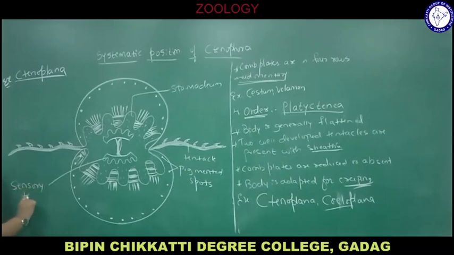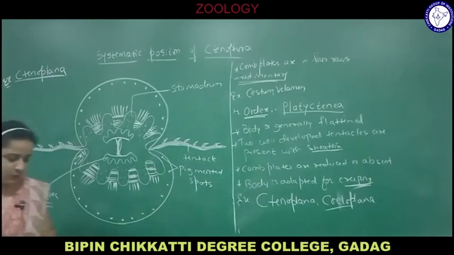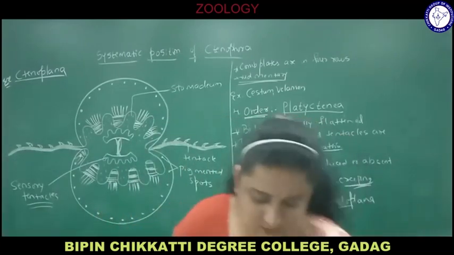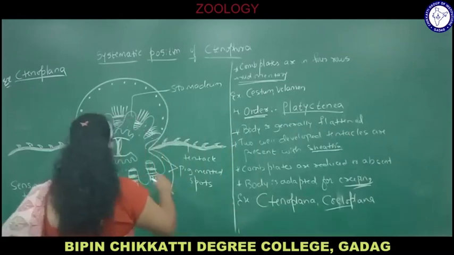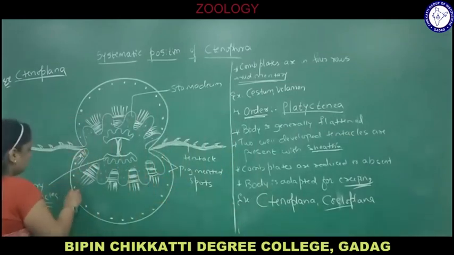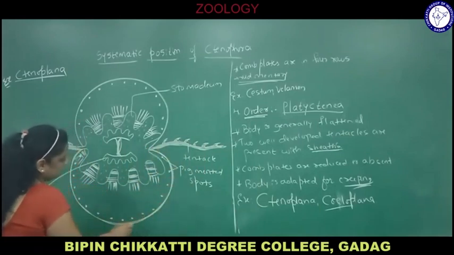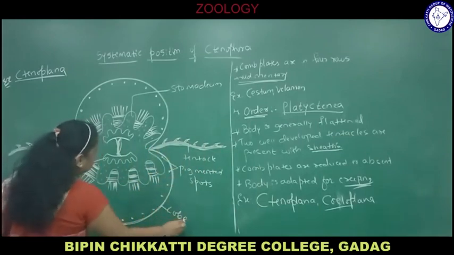Sensory means they are responding to stimuli in different types of environments. Then comes the lobe. This round portion is called the lobe.